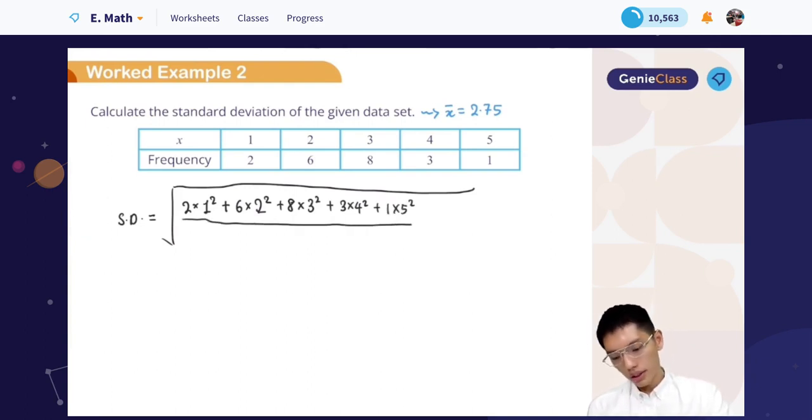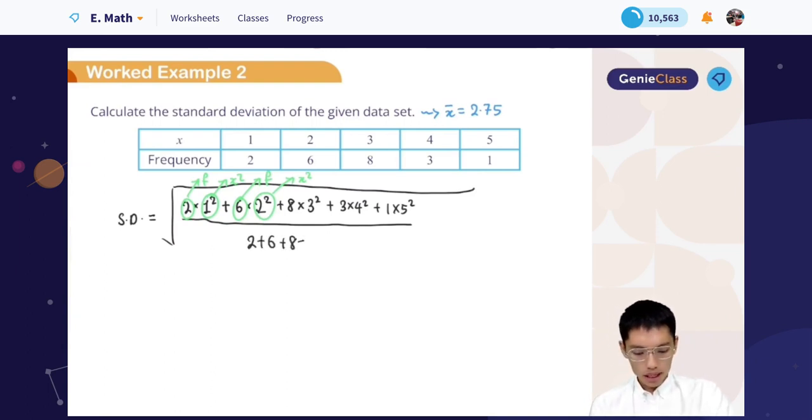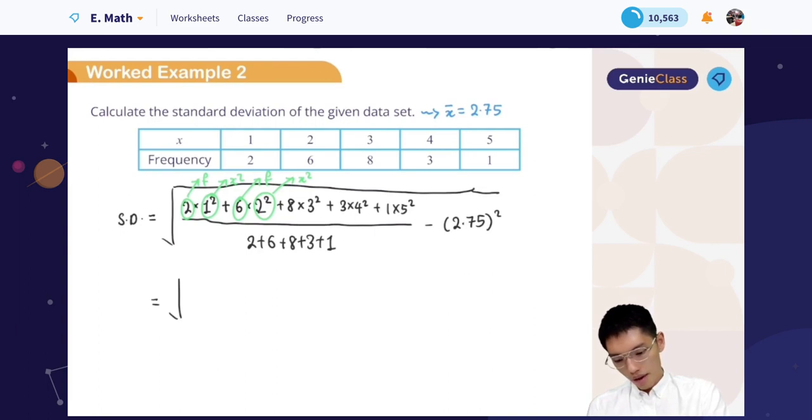This whole thing over here is what we are doing when we are talking about the respective f and the respective x squared. If I were to then carry on the notion, below is just going to be the frequency, what we have mentioned, 2 plus 6 plus 8 plus 3 plus 1, subtracting my mean square. All right, so I hope you have got the notion of how we simplify and write the key values.